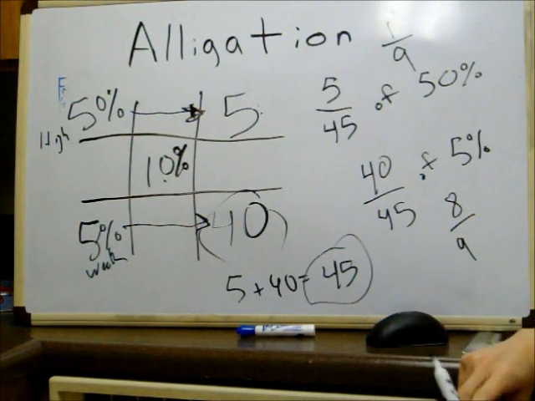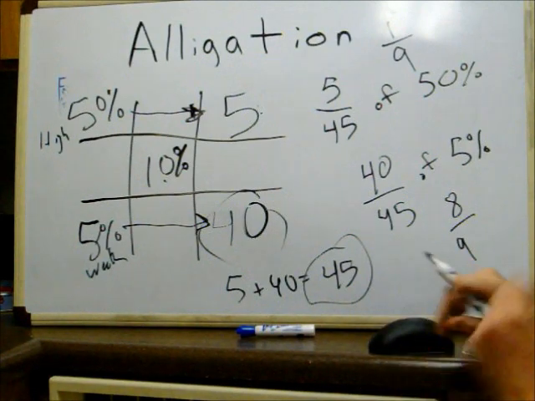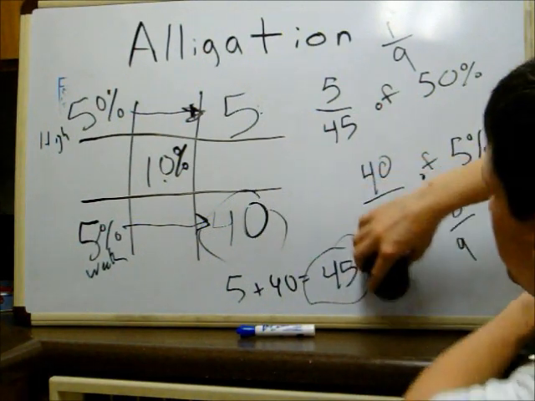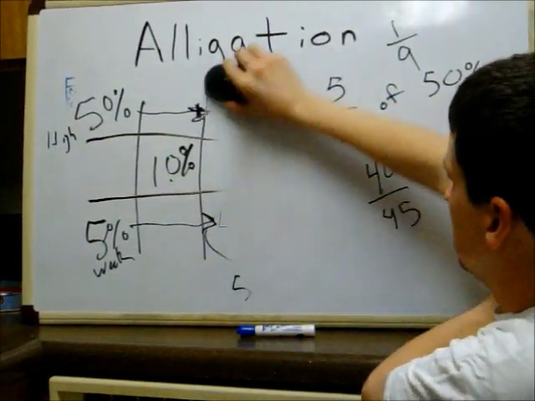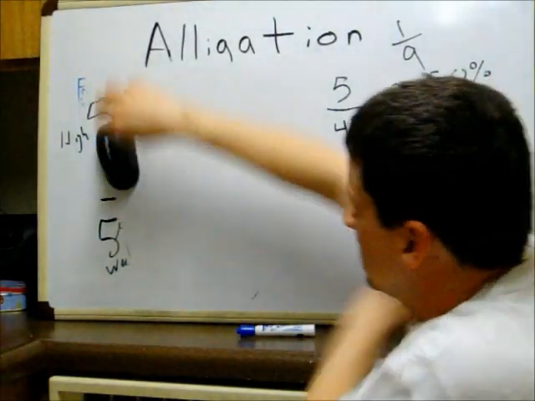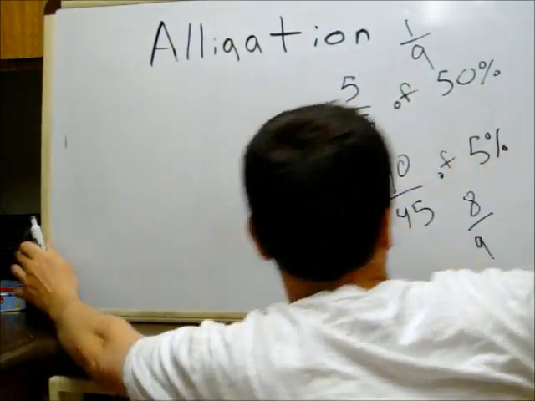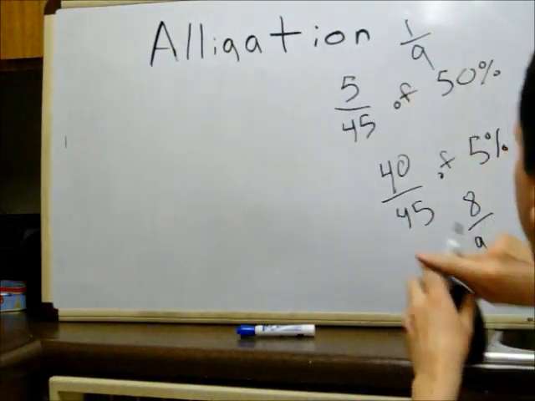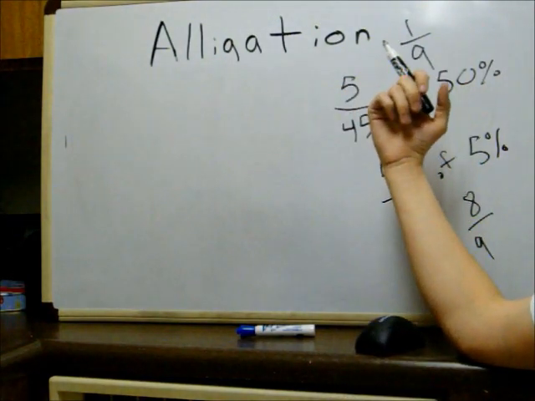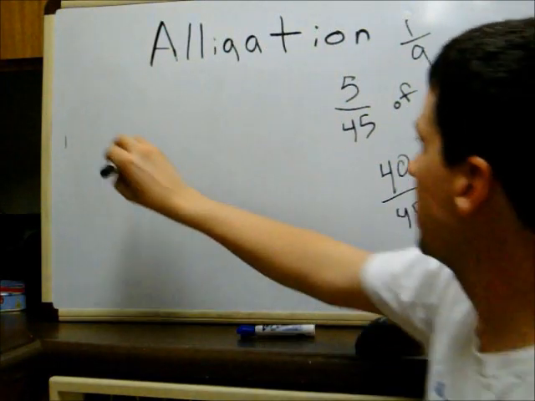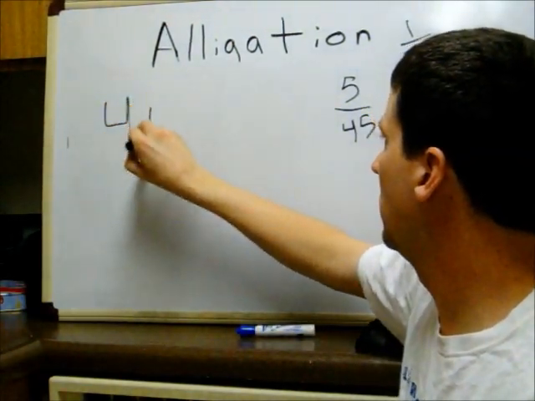It doesn't matter that much. Okay, so again, we're adding 1/9 of the 50%, and it's asking how much do we add in order to get 4 liters. Alright, so we want 4 liters total.